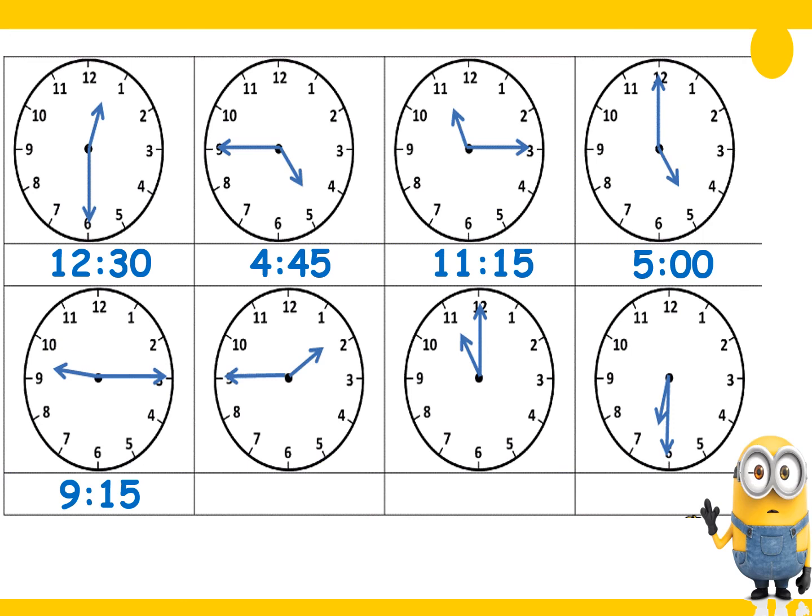And the next one is 1 and how many minutes? 1 and 45 minutes. Excellent. The next one is exactly 11 because the long hand is on 12. So it's 11 o'clock, which means 11 and 2 zeros. Okay, the last one in this activity is both of them on 6. So it's 6 and 30. Don't forget the long hand on 6 means 30 minutes.